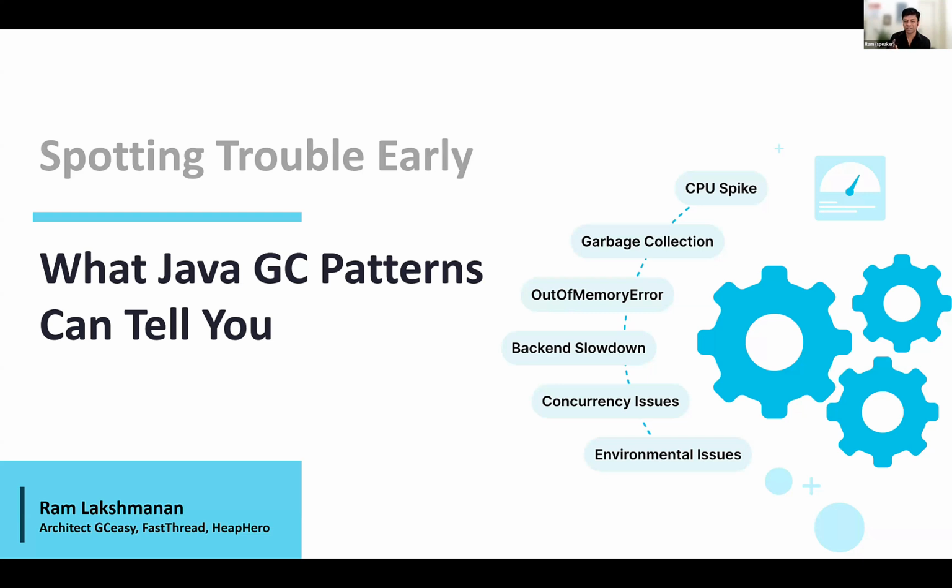We all look at the garbage collection graphs. But there are certain patterns which I've identified over years. It took several years for me to identify these patterns. These patterns can tell you what's going on in your application, and they can also tell what's going to happen in your application as well. So I'm going to be sharing these patterns, what I learned over these years, in this session.